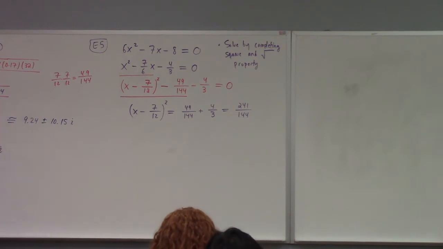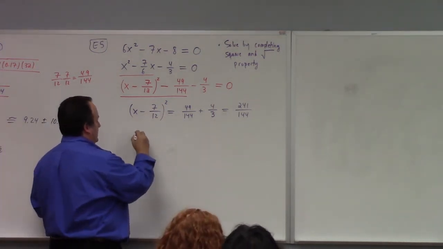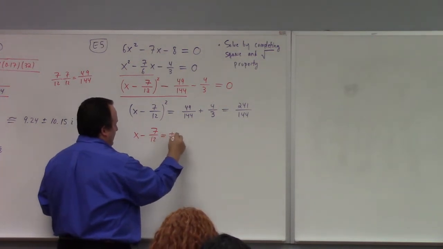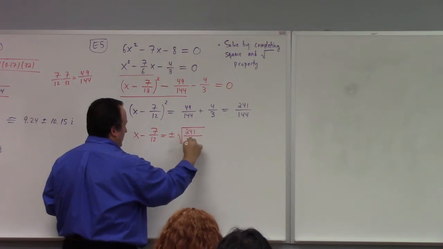All right. So you can make a common denominator of 144 and then square root, square root, square root. This gives us x minus 7/12 equals plus or minus the square root of 241 over 144.